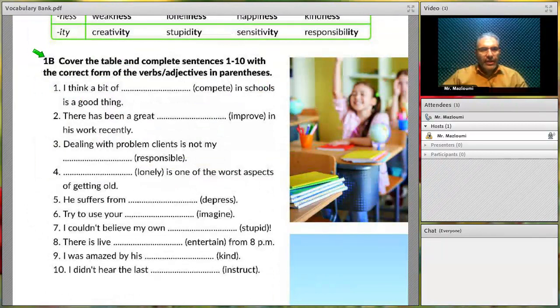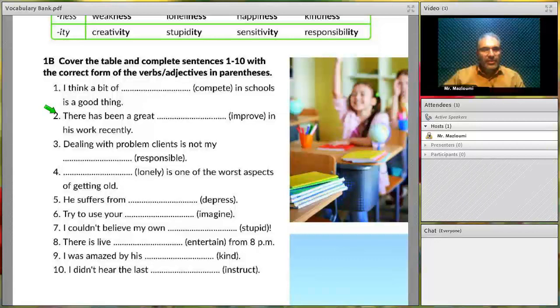1b. Cover the table and complete sentences 1 through 10 with the correct form of the verbs and adjectives in parentheses. Number 1. I think a bit of competition in schools is a good thing. Competition, noun form. Number 2.